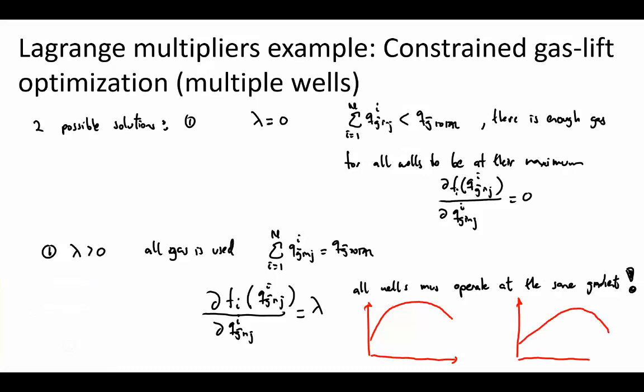So this well for example might be here and this one might be here. That's the point where the two slopes are the same, the operating slope, in the case that it is constrained.